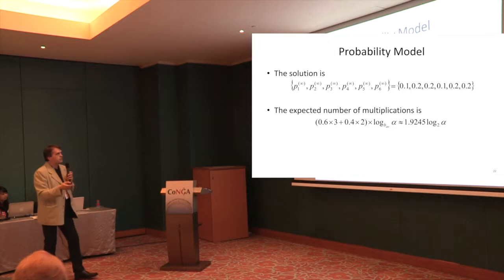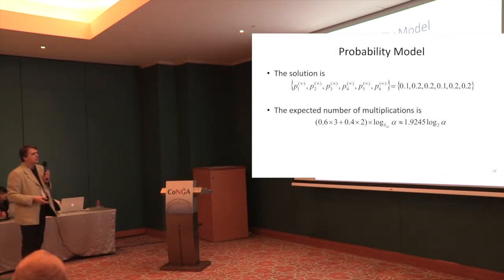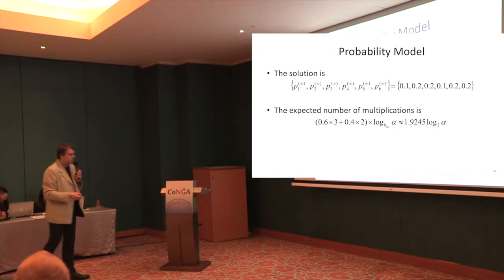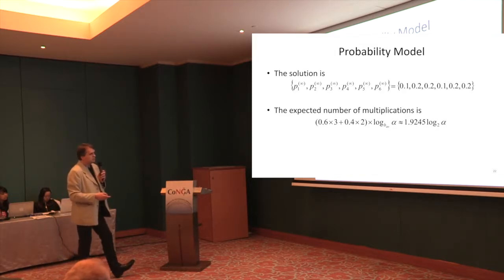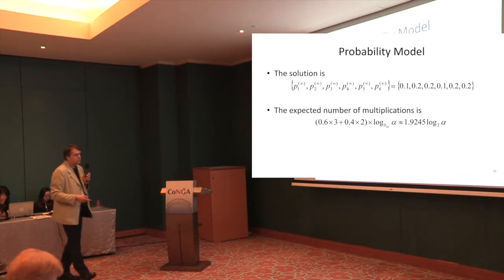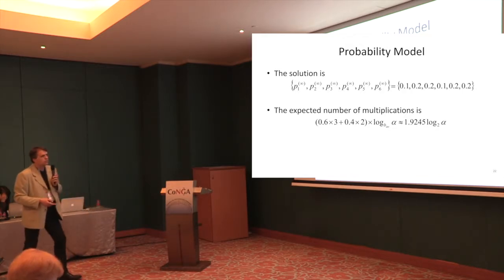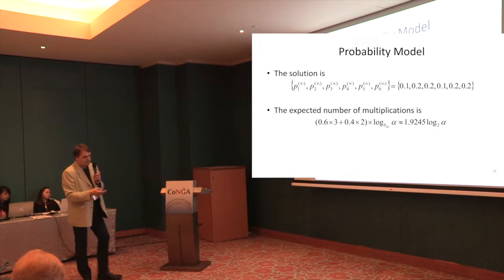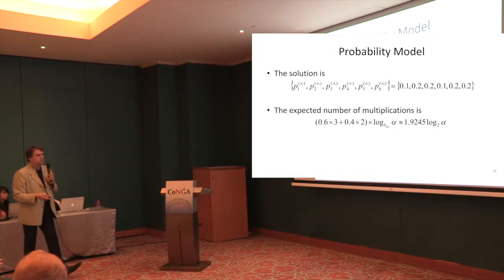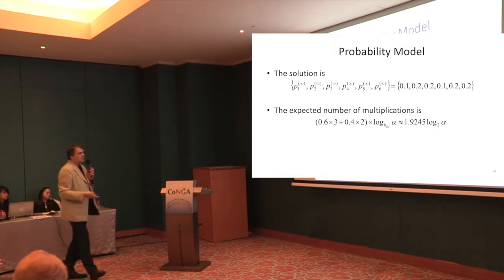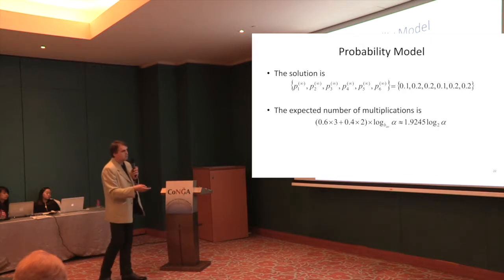When we solve the probability model, we conclude that base 3 occurs 60% of the time and base 2 occurs 40% of the time on average, and the average base is 3 to the power of 0.6 times 2 to the power of 0.4, which is the quintic root of 108, which is 2.55, and the complexity is reduced to 1.9245. So the constant is slightly reduced, but it's a good achievement, having in mind that Euler's formula was considered the best for, well, basically for centuries.